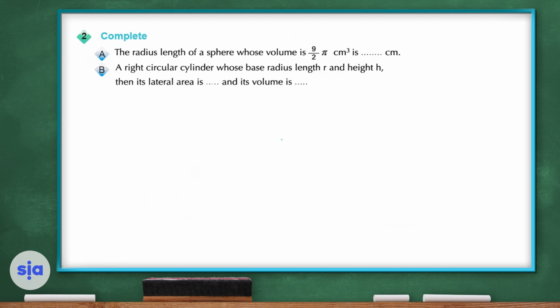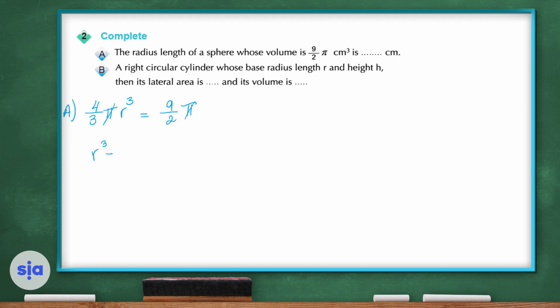Question 2 is to complete each of the following. Part A: the radius length of a sphere that has a volume of 9 over 2 pi is what centimeters? The volume is 4 over 3 pi r cubed, which is equal to 9 over 2 pi. So the pi's cancel out.